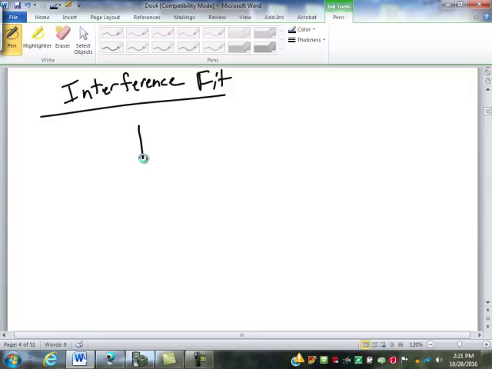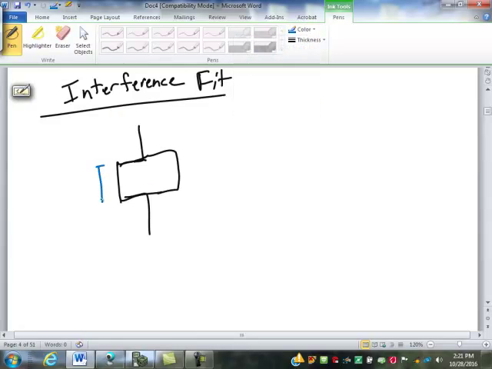So let's say that we have a wooden dowel that's going to be forced into a hole, and what's going to hold it in there is the fact that the hole is slightly smaller than the peg itself. So you force it in there and it cannot come back out without extreme force. That's called interference.